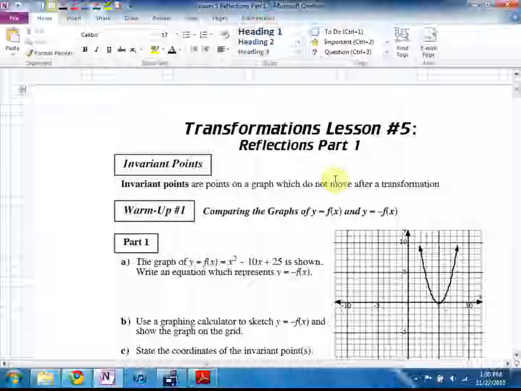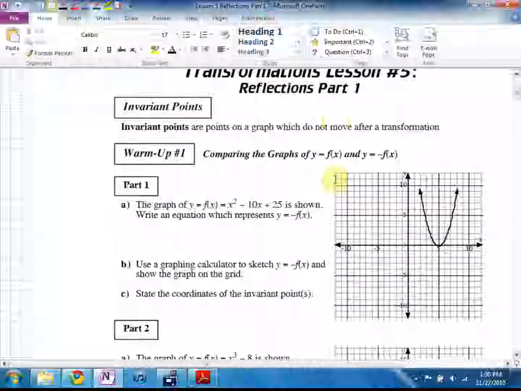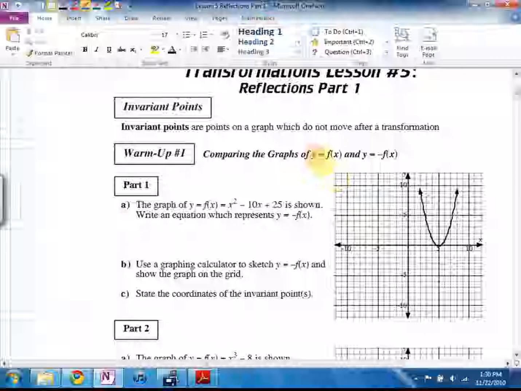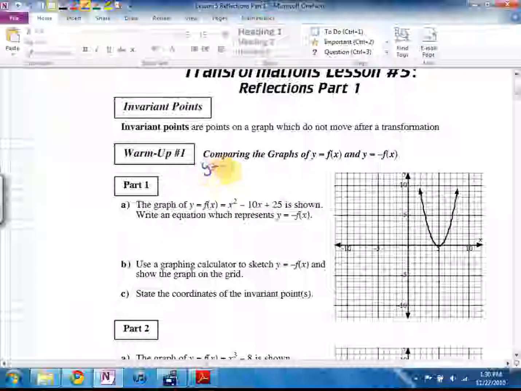Okay? And the first thing we're going to ask is, we're going to compare the graph of f of x and y equals negative f of x, except I'm going to write some information down here. I'm going to say this is actually what you get when you replace y with negative y. Remember I said we were going to talk about replacements, Steph, quite often?